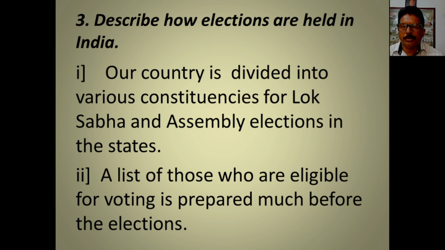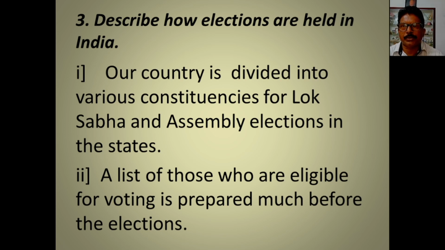Second point, a list of those who are eligible for voting is prepared much before the elections. In India, we know that all those who have reached the age of 18 and above are given the right to vote. A voters list, or electoral roll, is prepared by the election commission.